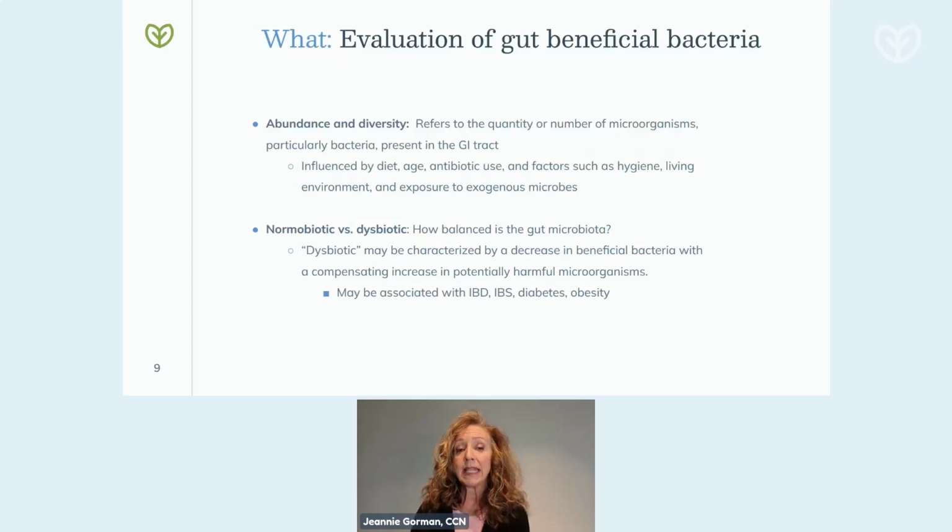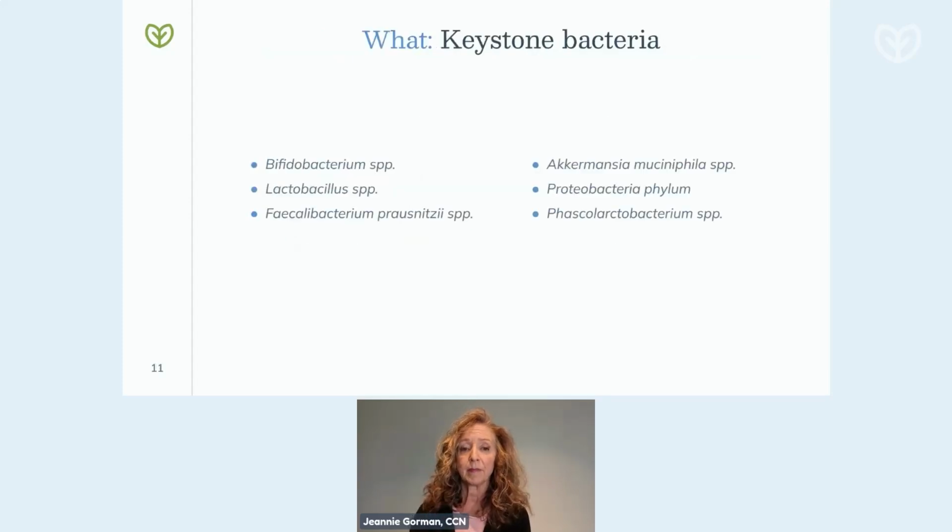Green would be normal. Yellow would be 1 standard deviation away from normal, either high or low. The red would be 2 or 3 standard deviations too high. Blue would be 2 or 3 standard deviations too low. So ideally, a normobiotic microbiome is going to be mostly green and a few smattered yellows here and there. But this is an assessment for you, very specific, targeted to species.